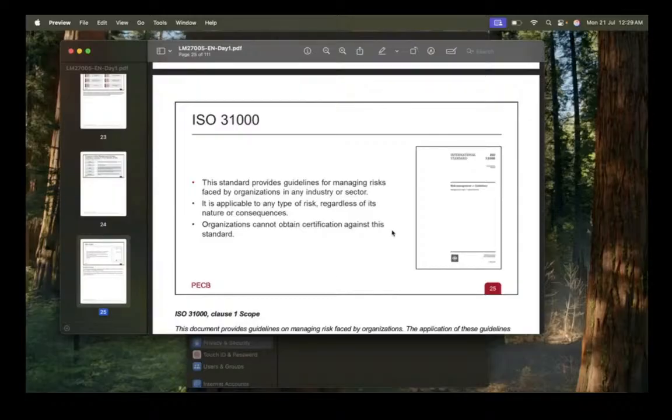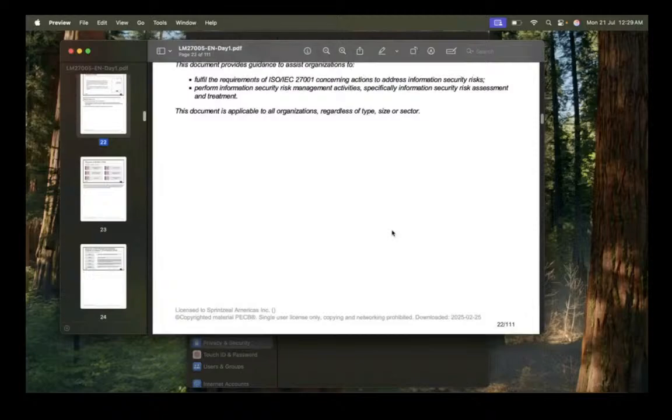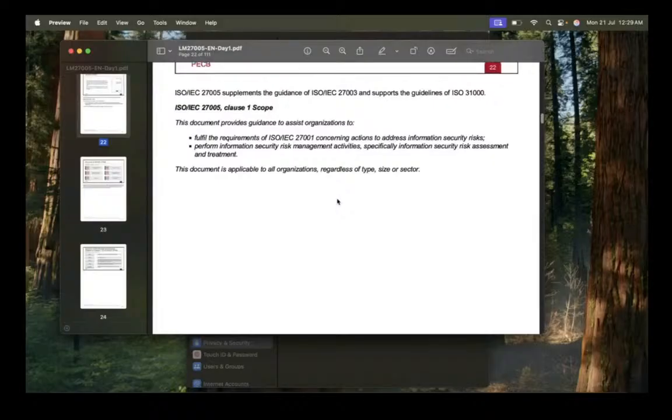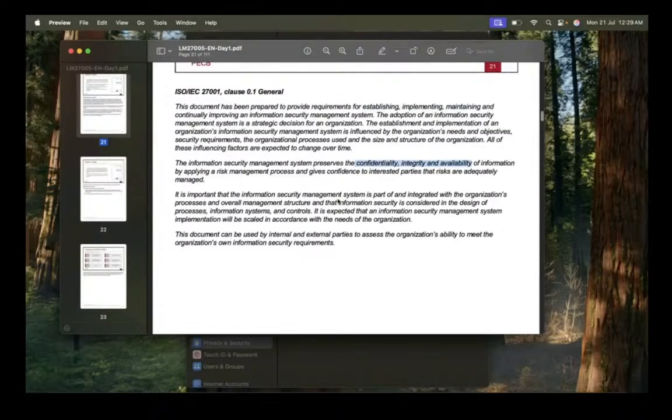So just to give you a recap, I'll go to 27001. Can you tell me if organizations can obtain that certification, if you remember? We have discussed 27001 and 27005. Do you remember if organizations can obtain this 27001 certification?